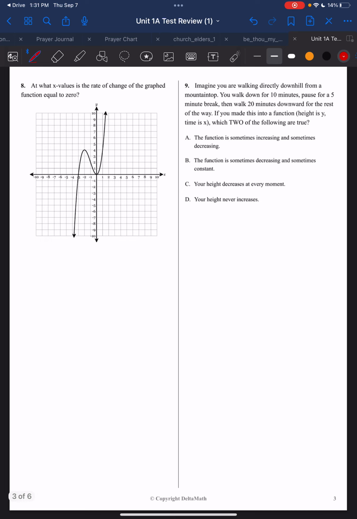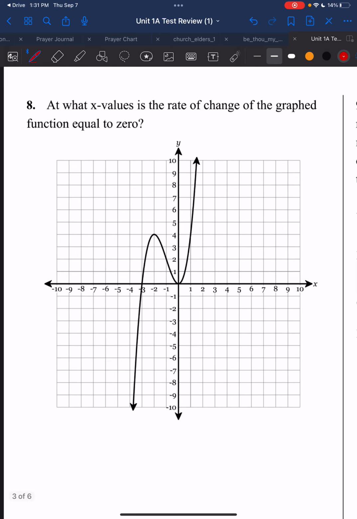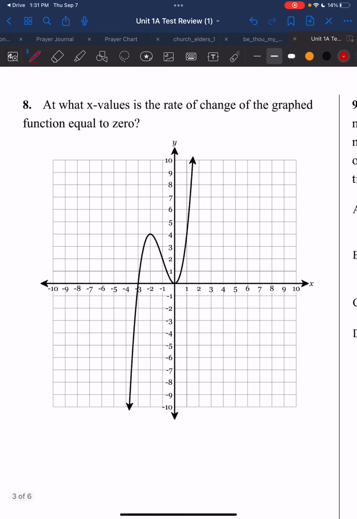Okay, just a couple more on this video. At what x values is the rate of change equal to 0?